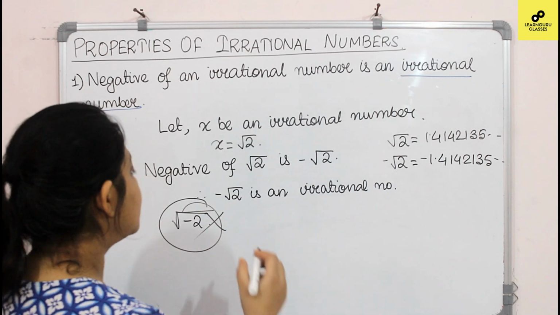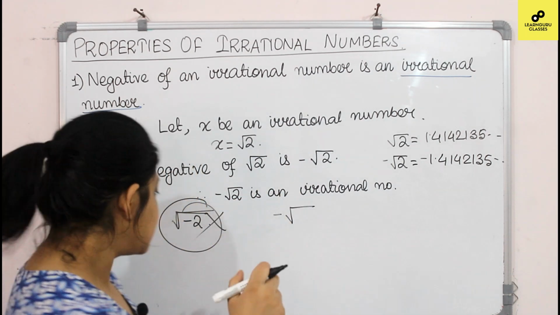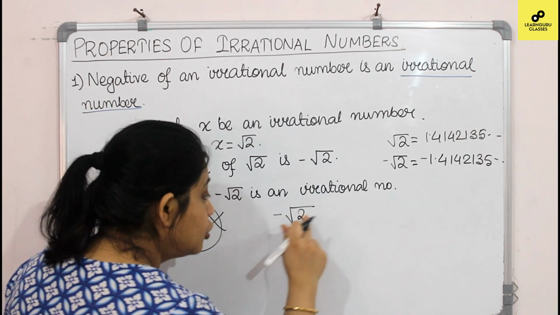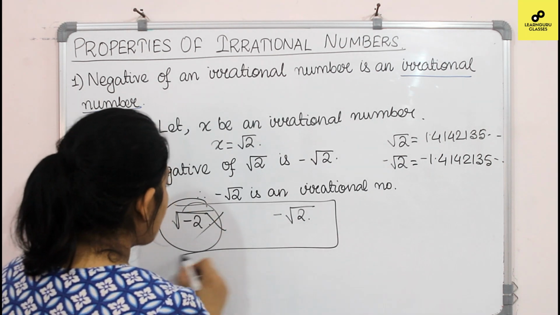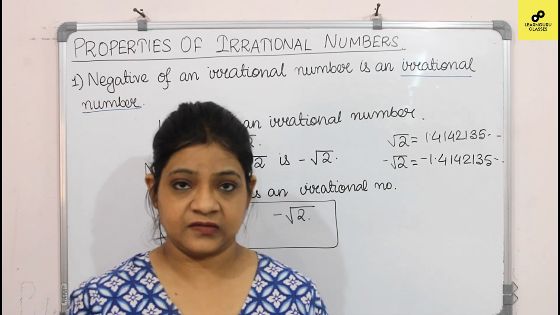So it is very necessary for you to understand the difference between root over minus 2 and minus root 2. These are common mistakes that students make, so you should avoid them.